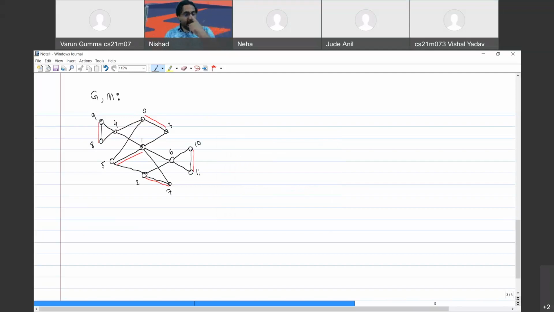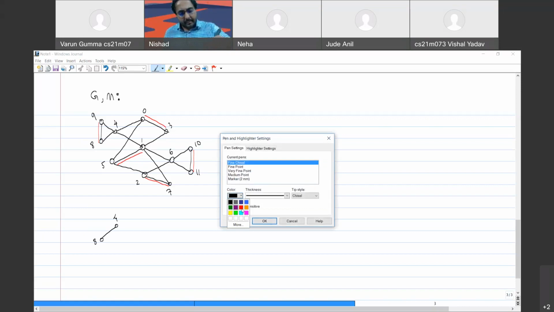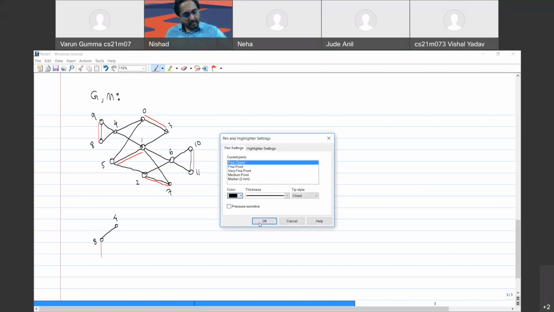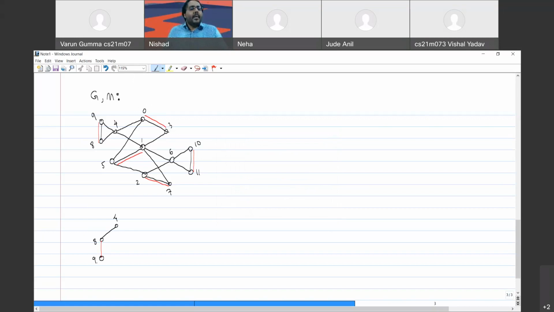All right, so let's try to build our M alternating tree. Let's start at the vertex 4. Let's look at the neighbors. 4 has one neighbor, 8, and 8 is already matched to 9. So let me add both those vertices to my tree. 4 has another neighbor 0, which is matched to 3.